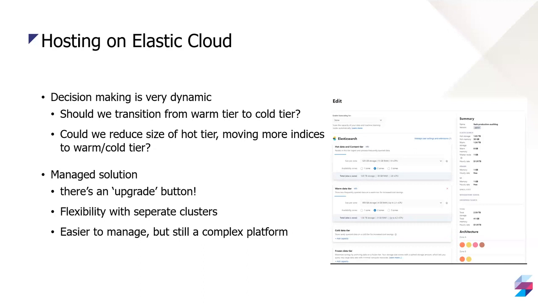And with all the problems that came with it, just doing an upgrade when everyone was using different versions of Beats and stuff like that. So it's definitely a lot easier to manage, but it's also still a complex platform.